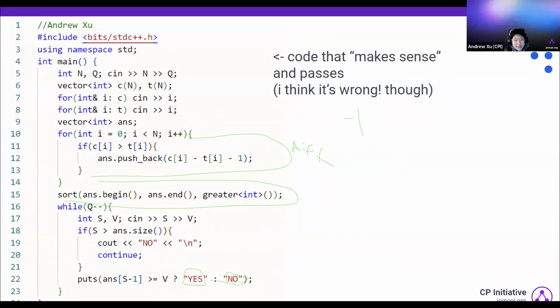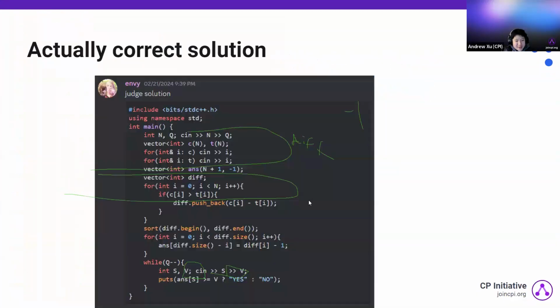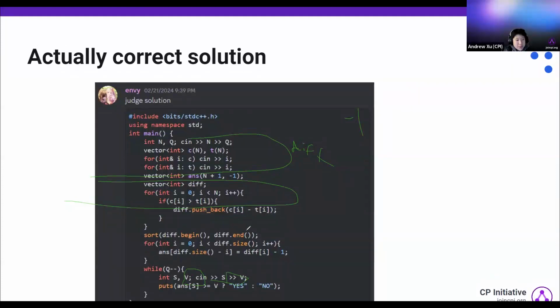And then the actually correct code, which is a little modification, is this. So instead of just straight up sorting from greatest to least, we make a new answer array, and then we basically sort it from greatest to least, but we do it like this. Does that make sense?